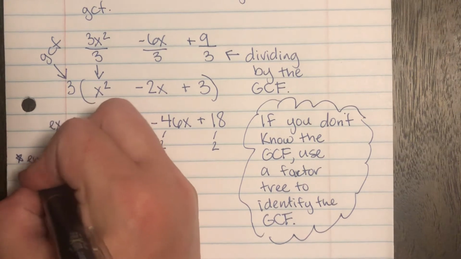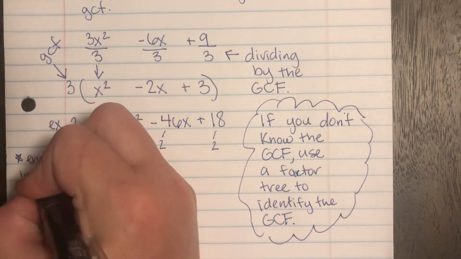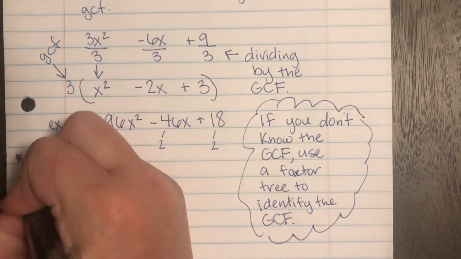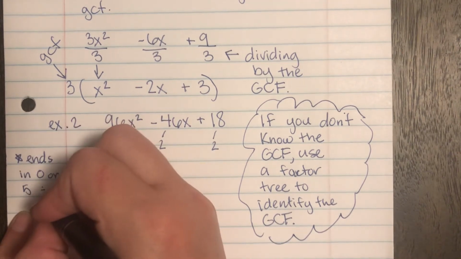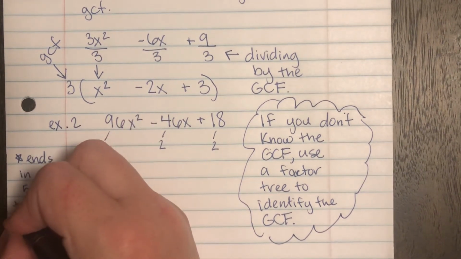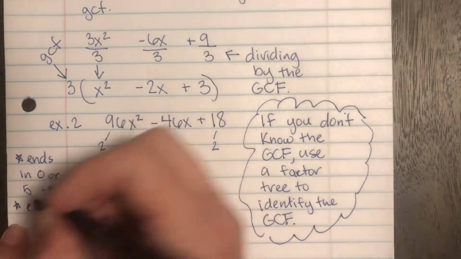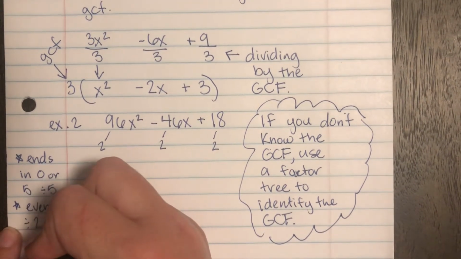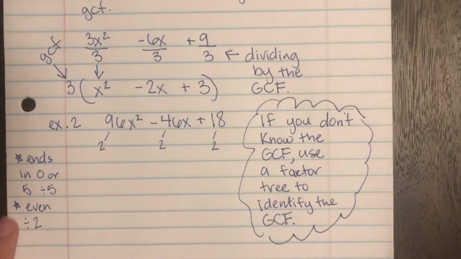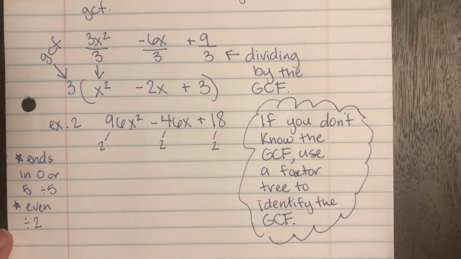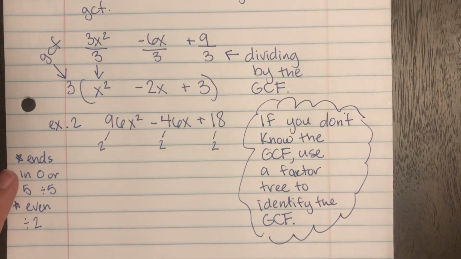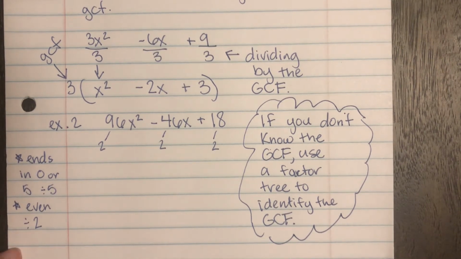If it ends in 0 or 5, you know that it can be divided by 5. If it's even, you know that it can be divided by 2. So these are just kind of cheat sheets when you're going through it. Otherwise, if it's not a 0 or 5 or even, then I would just start going through the prime numbers.